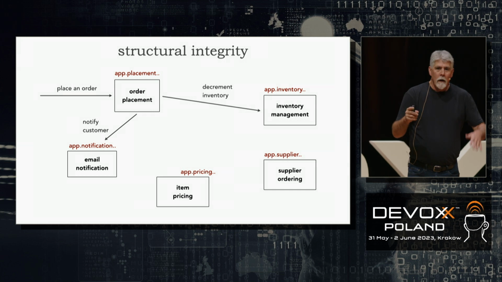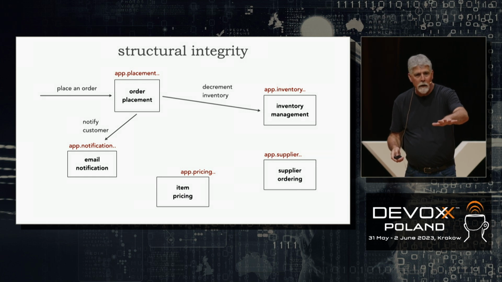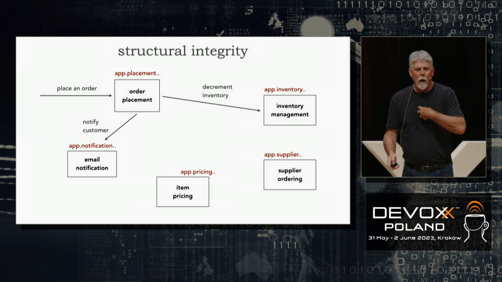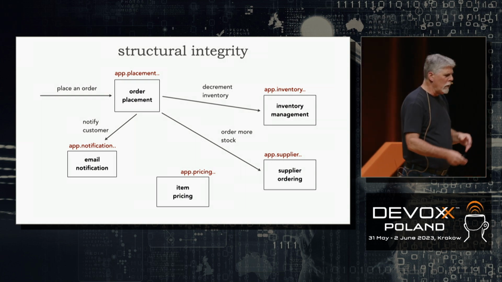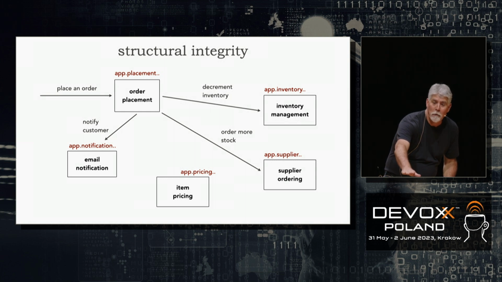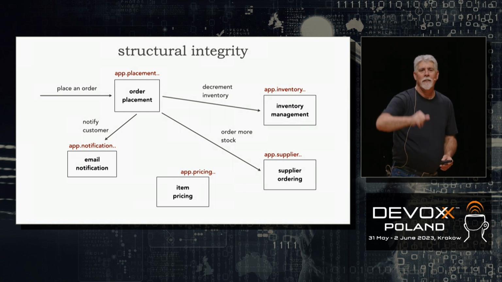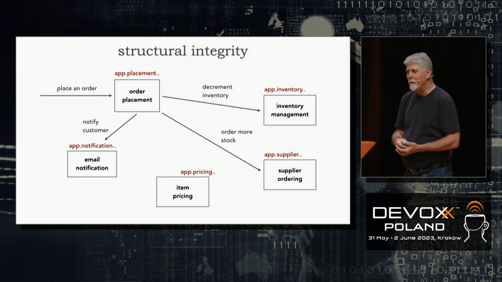Now, if the stock goes too low upon ordering, I need to order more stock. Is that my responsibility as order placement? No, that's yours, or supplier ordering. Order more stock. If the stock goes too low, we increase the unit price. I know, a little bad, but we do.